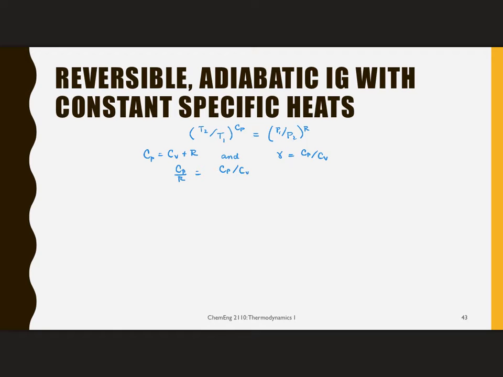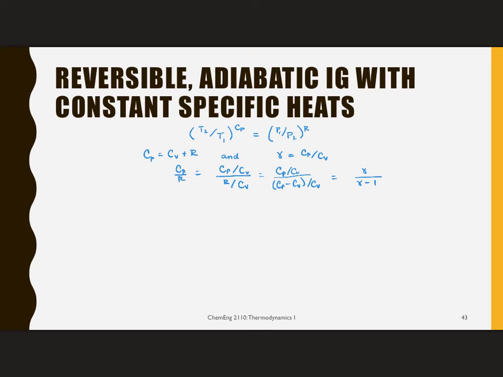So I'm going to divide numerator and denominator by C sub V. And R I'm going to define as C sub P minus C sub V. If I now introduce gamma, this is gamma over gamma minus 1.